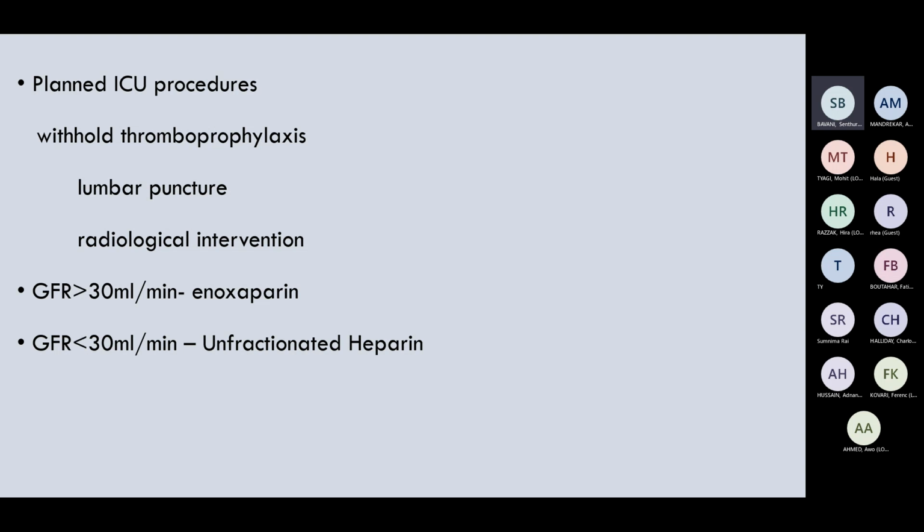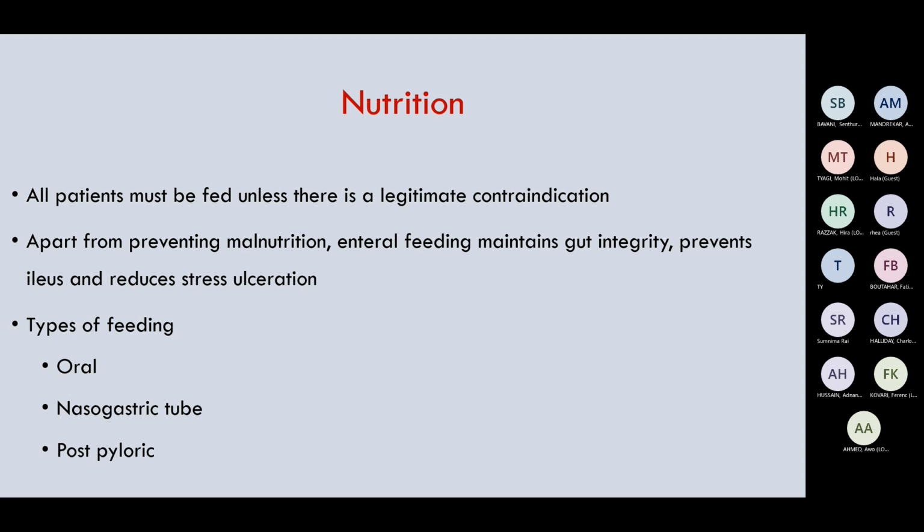What are the indications to withhold it? For lumbar puncture or radiological intervention, they will ask to stop the thromboprophylaxis. If the patient has GFR more than 30 ml per minute, we can consider enoxaparin. If GFR is less than 30 ml per minute, we can consider unfractionated heparin.